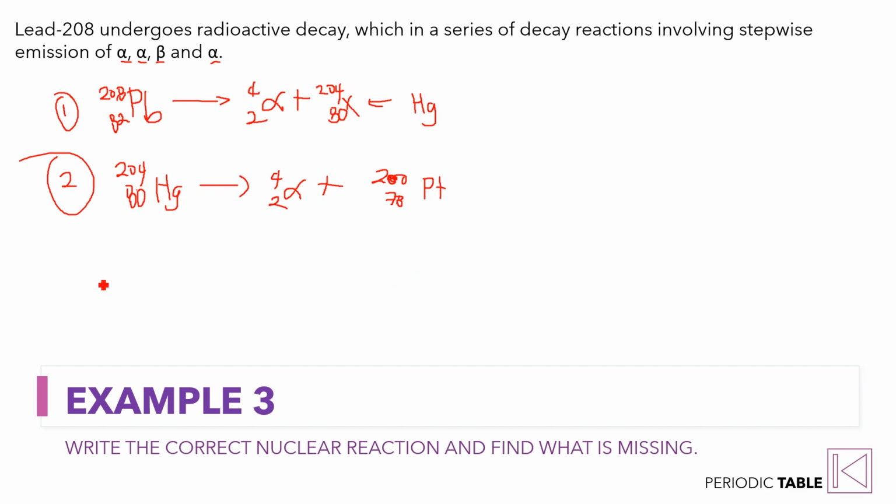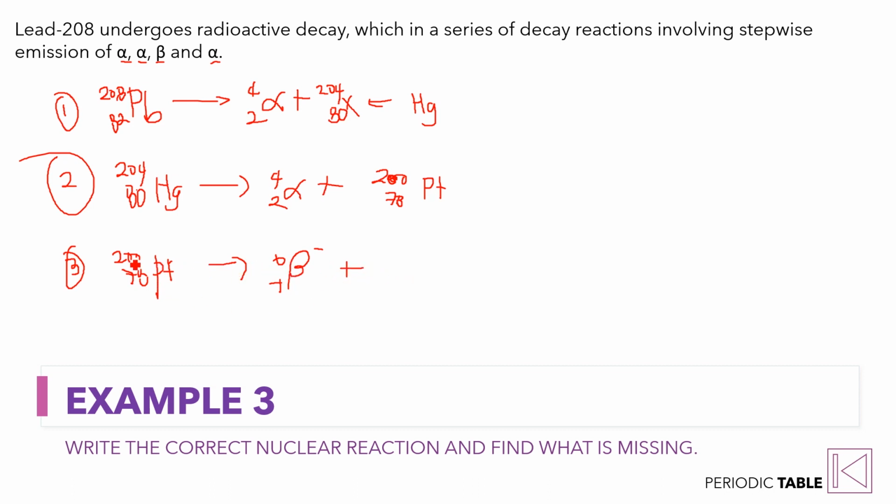Okay, from this point, so yung platinum natin, which is 278, mag-undergo yan naman ng beta emission. So, beta minus. Ang tanong, ano yung product niya? So, balance. So, eto.